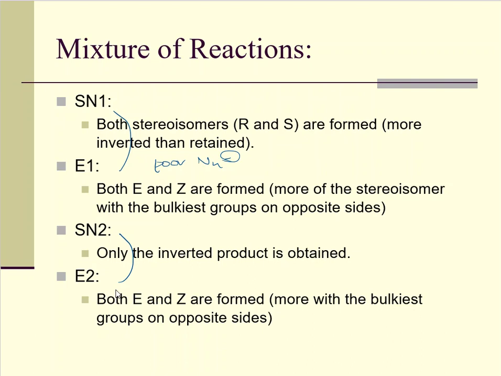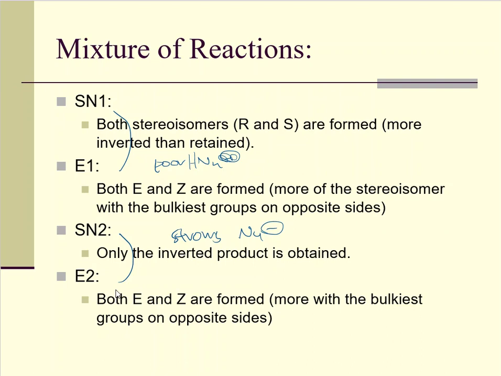And SN2s and E2s, these are very strong nucleophiles. So these are fully blown negative nucleophiles. This nucleophile, sometimes I can put an H here, right, and get rid of that negative. So that means that it's not really fully negative. It's very weak. It's very unattractive. It gives carbon some time to be on its own and then figure out where it wants that carbocation to end up going.